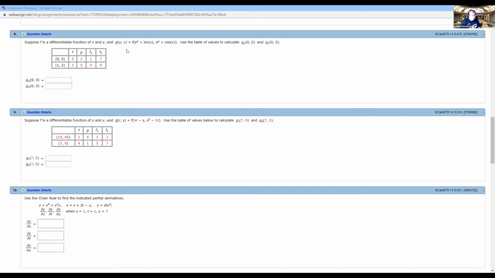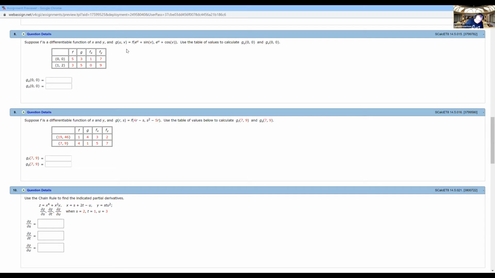So, I have f and g on the top row, the partial derivative with respect to x and with y, and at the point 0, 0, we get the answers 5, 3, 1, 7.